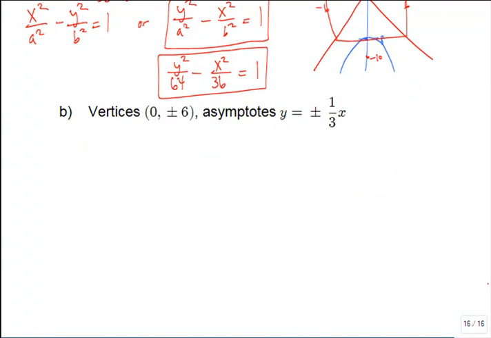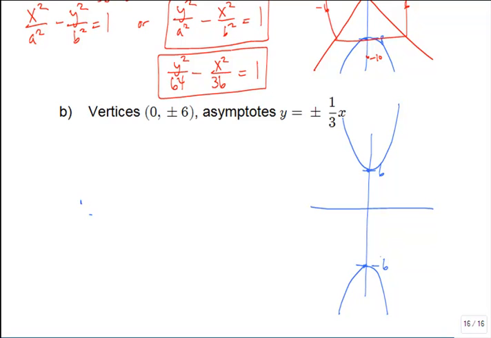Alright, last example. This time we want to find the equation of our hyperbola that has vertices at 0, plus or minus 6. So right away, just like the last problem, that's along the y-axis. So I want to go up 6 and down 6. And those are dots. And that means, since they're on the y-axis, my two branches have to be pointing up and pointing down.